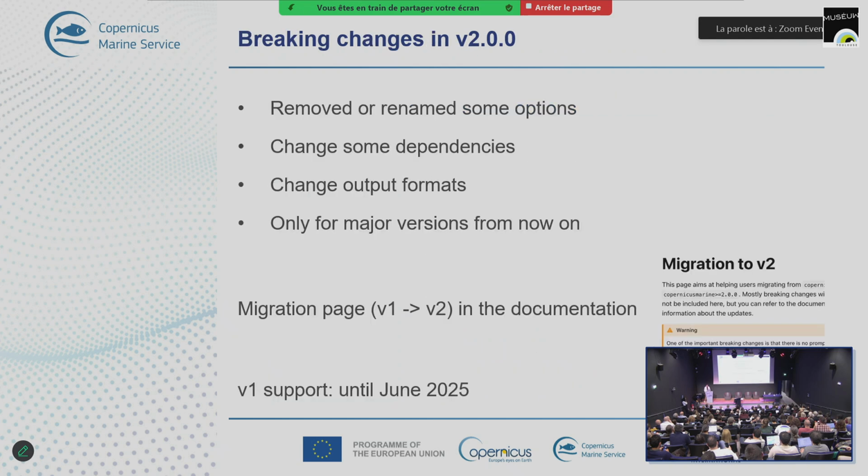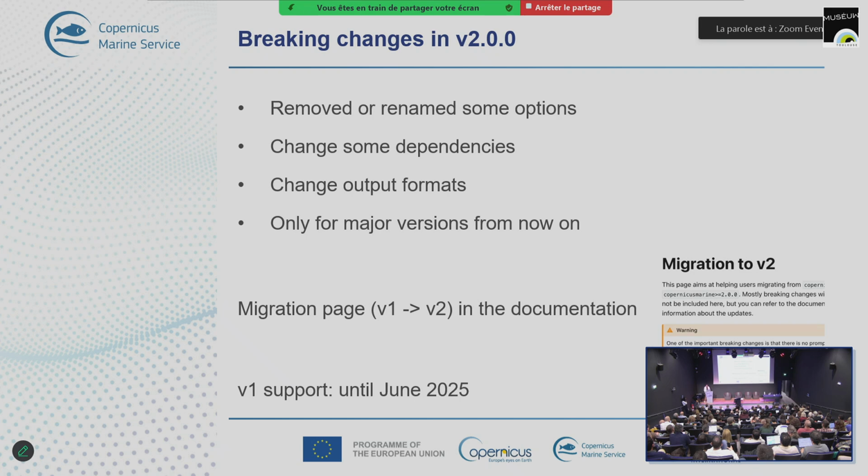This version 2 brought breaking changes as a major version. We removed and renamed some options. For example, the force download has been deleted. And now if you start the command, it will download directly. So be aware. And we also changed some dependencies. As I said, we changed and documented the output format.